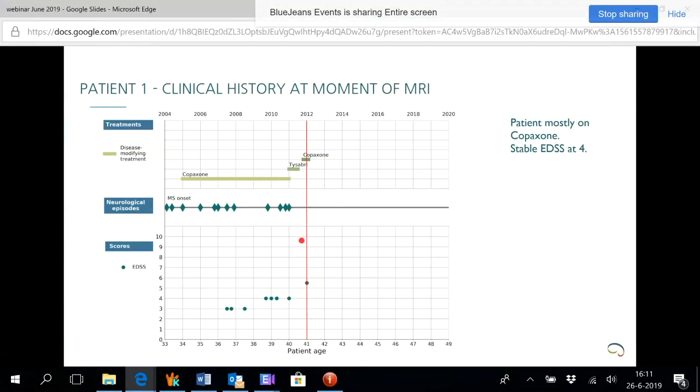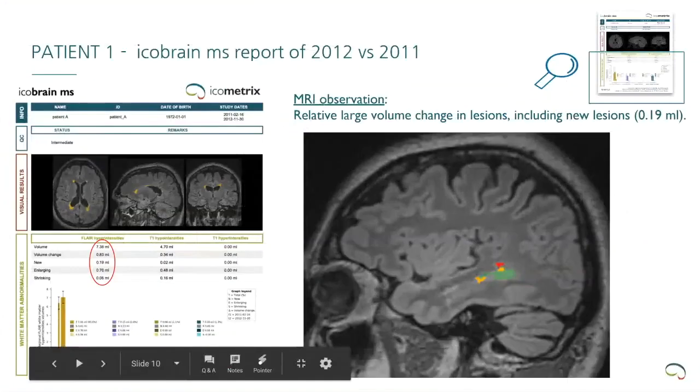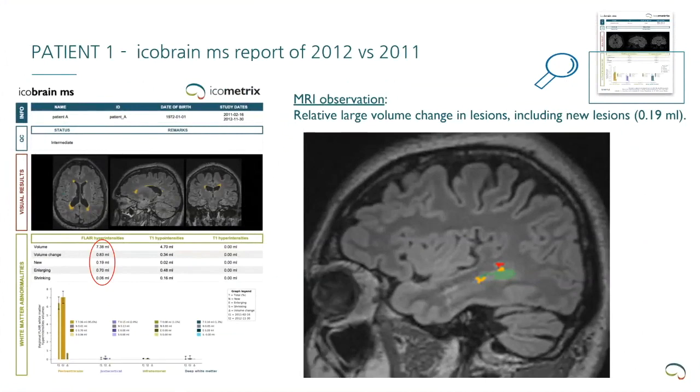And here you see the example of an icobrain MS report for that patient, with a comparison of the MRI of 2012 versus 2011. If we look at the right side of the screen, you see a sagittal image that shows changes in lesion volume.